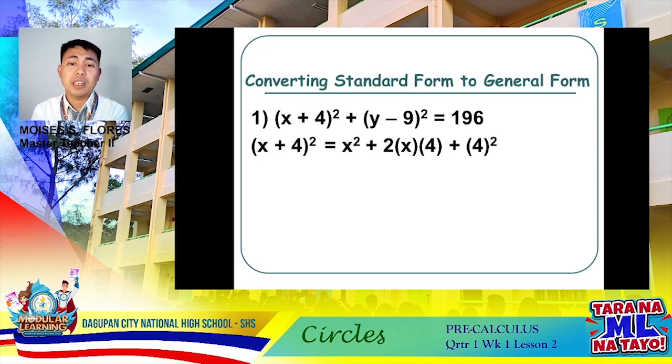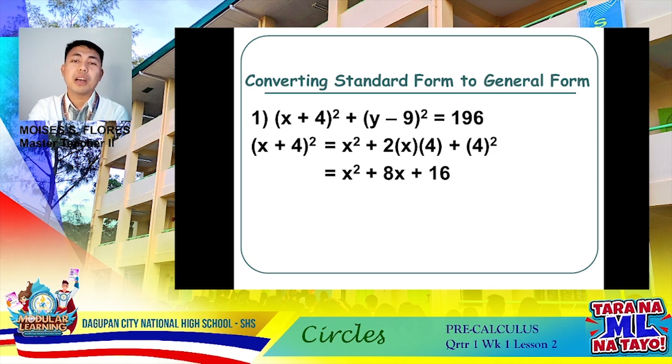We're going to expand first the binomial with respect to x. So (x plus 4) quantity squared: we have x squared, plus 2 times x times 4, and then 4 squared.